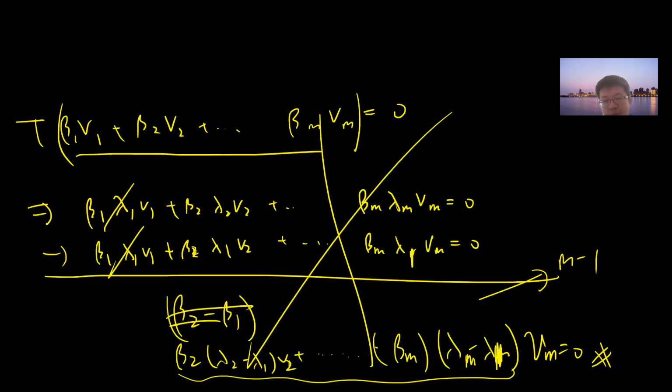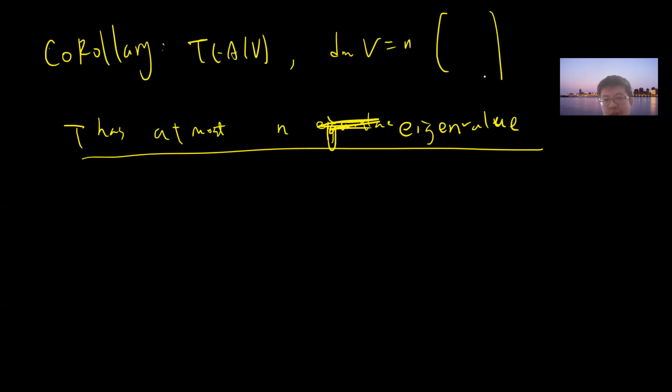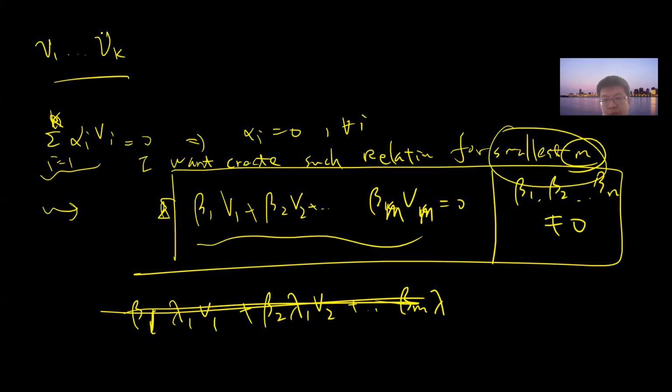This is a strange result, because the proof direction is different from your linear algebra course. In linear algebra, you usually write T as a matrix and solve the determinant of T minus lambda I equals 0. Because it is a degree n polynomial, it has at most n roots. But now the proof goes the other way.